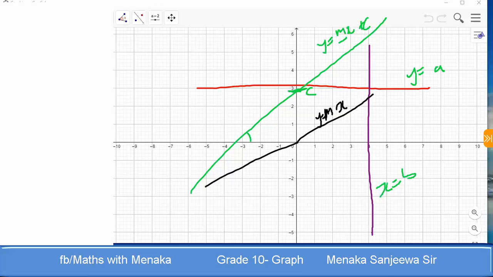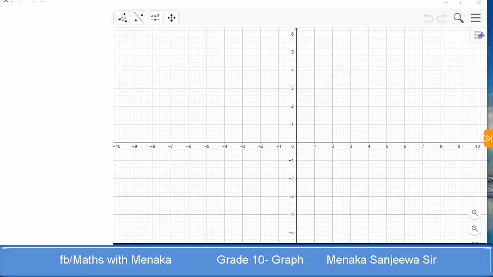When the equation is given, you can draw the line. Now if you say y equal 3, you can draw the line which is parallel to the x-axis and going through 3 on the y-axis, like this.